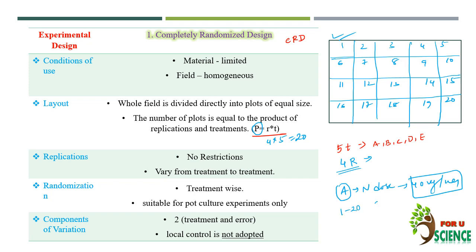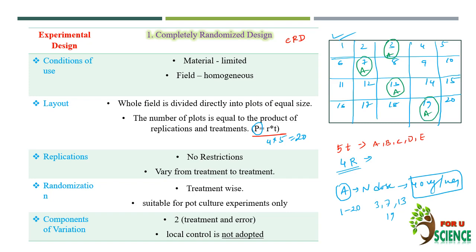Suppose I have chosen 3, 7, 13 and 19. We will put A in 3, 7, 13 and 19, so we are placing them randomly.